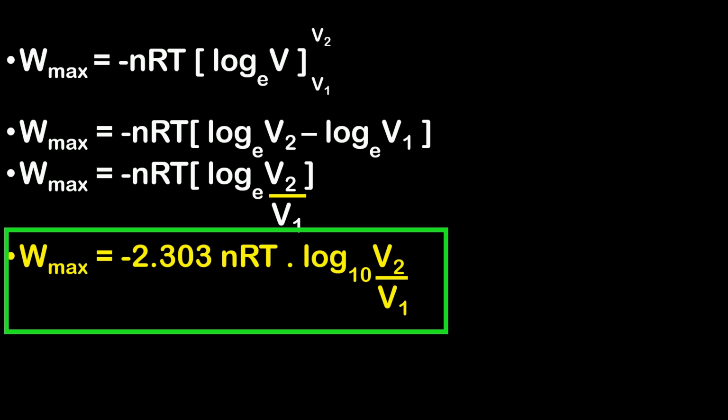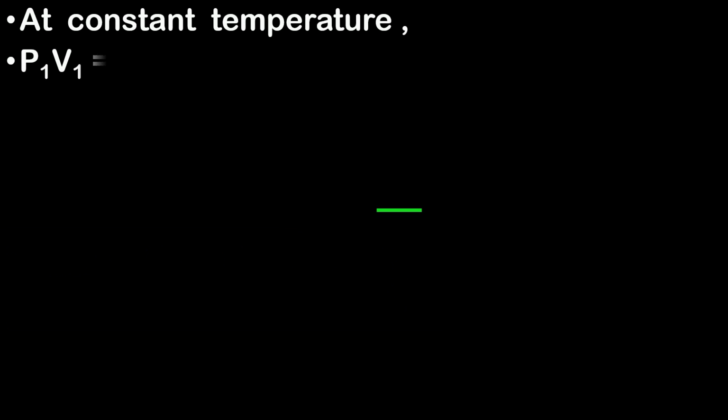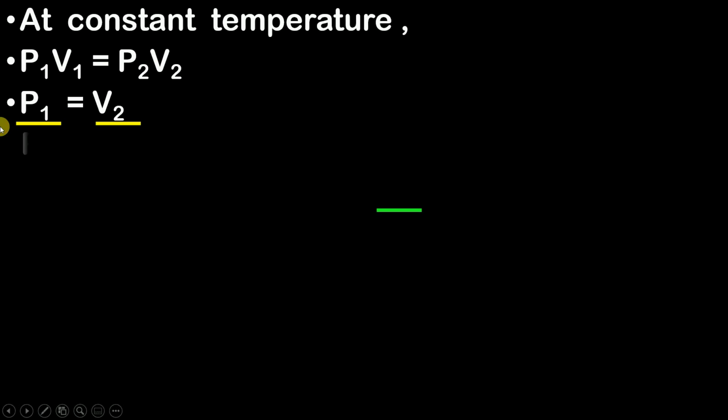So what we will do is that we know that at constant temperature, this is the equation that we get, P1 V1 equals P2 V2. So just shift V1 to the right hand side and P2 to the left hand side. Finally you will end up with P1 upon P2 equals V2 upon V1. So now instead of V2 upon V1, I can substitute P1 upon P2 in this formula.